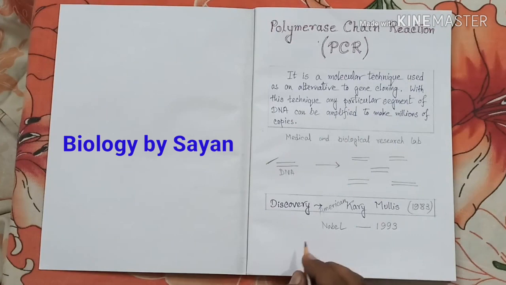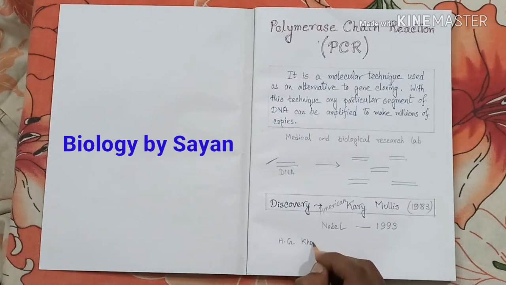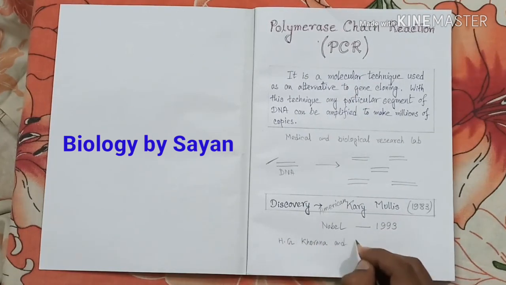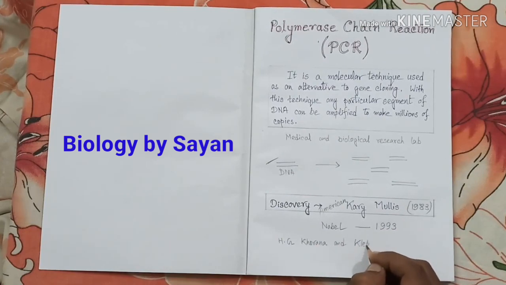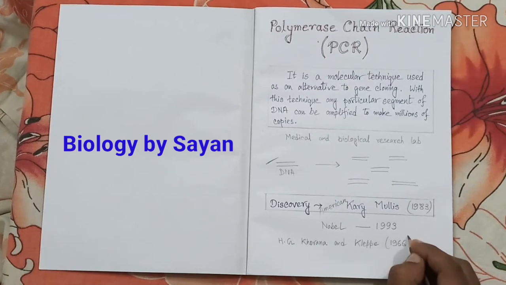But we should all know that this concept of PCR had already been discovered by Har Gobind Khorana and his colleague Kleppe in the year 1966.